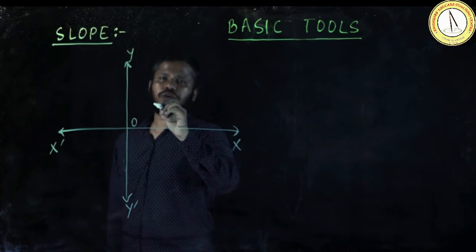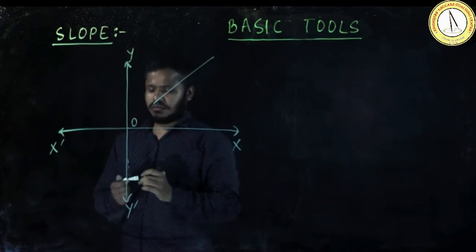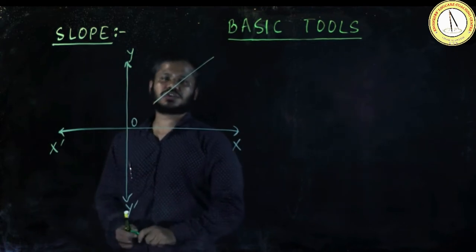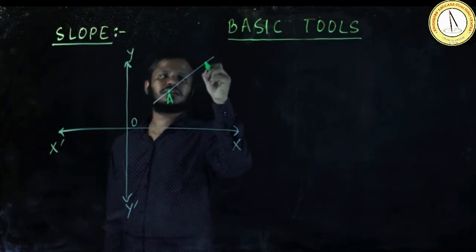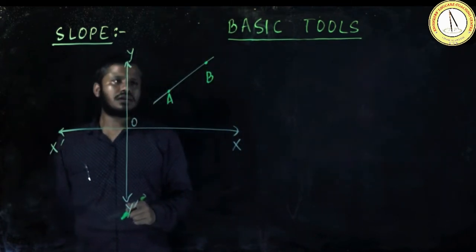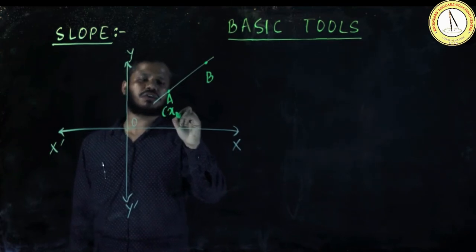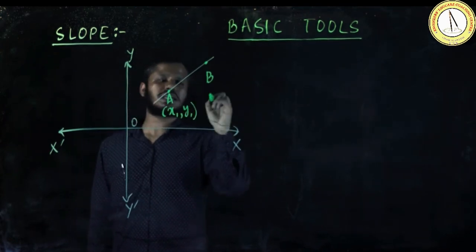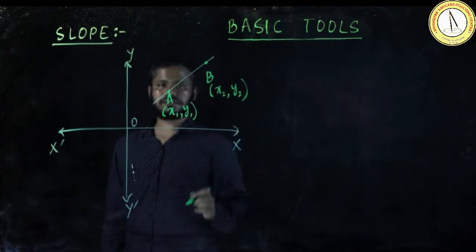To understand the slope, let us draw a straight line. Suppose there are 2 points A and B. Let us suppose the coordinate of A is x1, y1, and the coordinate of B is x2, y2.